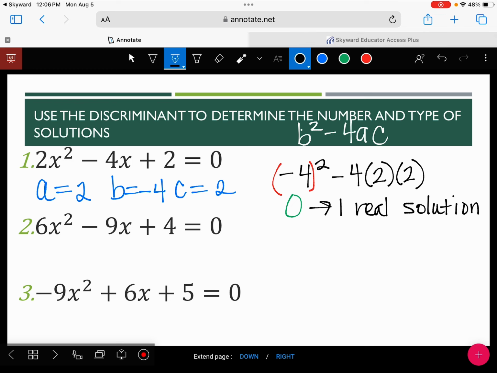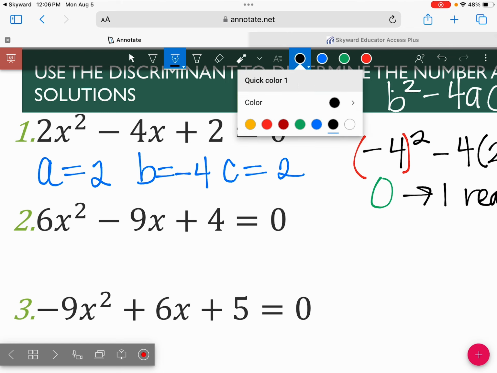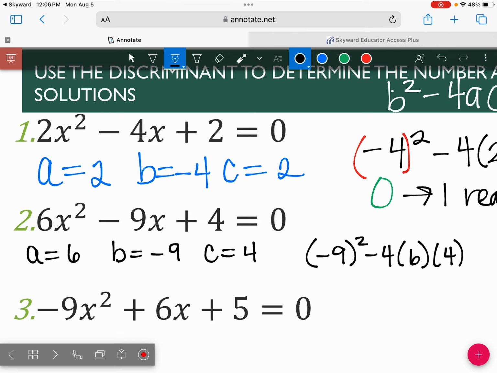All right, if you haven't already, go ahead and do number 2. It's already set equal to 0, so A is 6, B is -9, and C is +4. Again, it's B squared minus 4 times A times C. Go ahead, type that in your calculator.